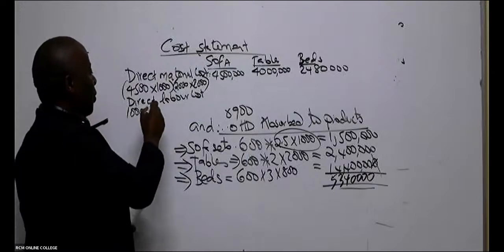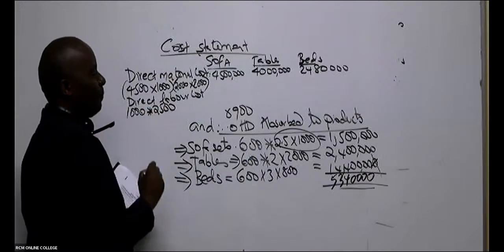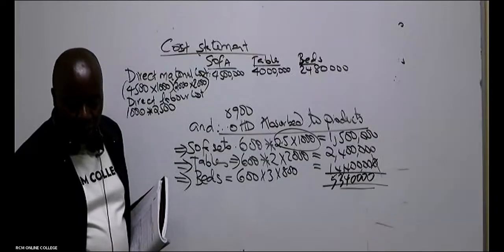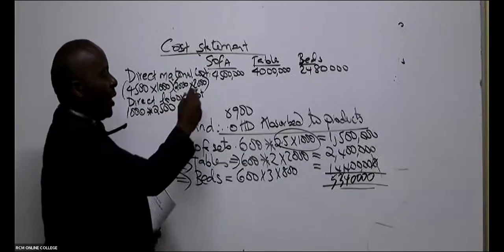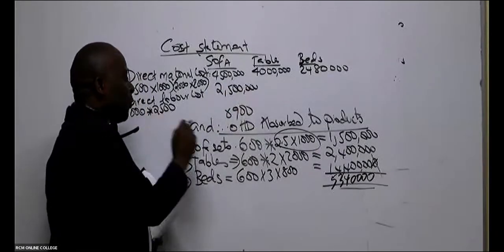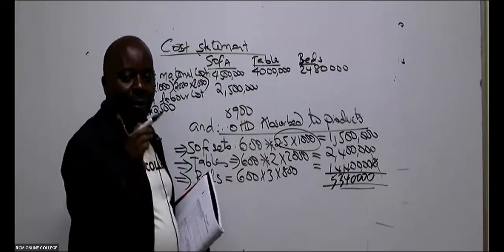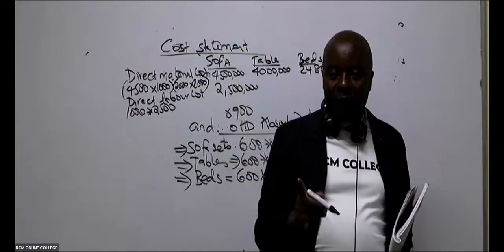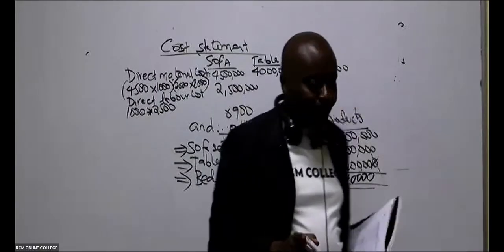So it will be 1,000 times 2.5. I'm able to get those answers from these online ninjas as well. Thank you, but remember, 2.5 is per sofa set. We are doing a cost statement for the whole company.